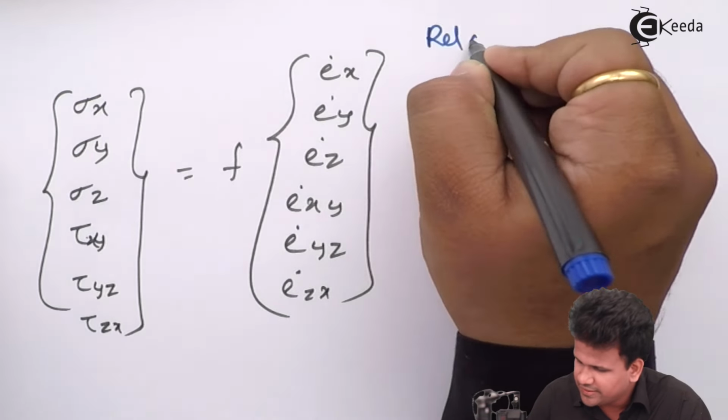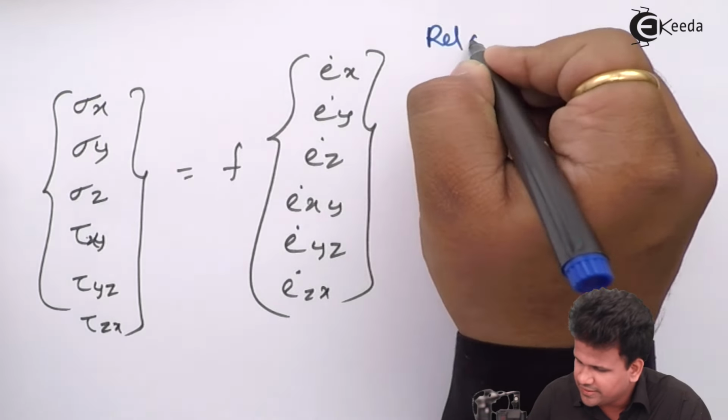So this is the solution for sigma x, sigma y and sigma z, and the solution for tau xy will be given simply by Newton's law of viscosity, that is mu into dou u by dou y plus dou v by dou x.